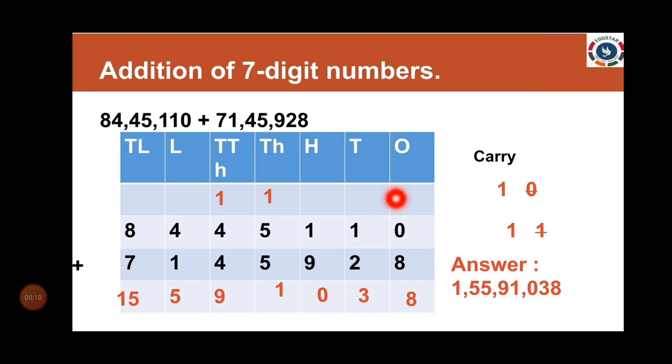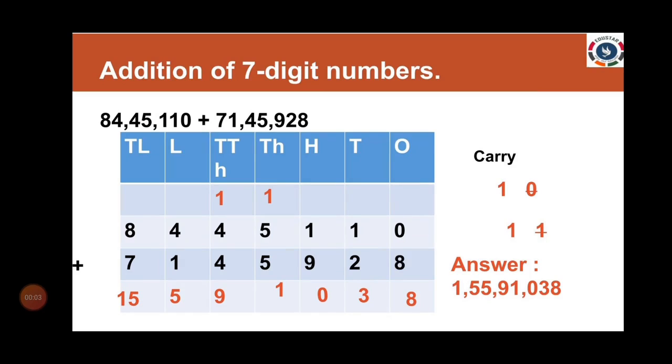Write the first number starting from the ones place: 0, 1, 1, 5, 4, 4, 8. The second number is also arranged from the ones place onwards: 8, 2, 9, 5, 4, 1, 7. Whenever you arrange numbers, you start from the ones place, from right to left.